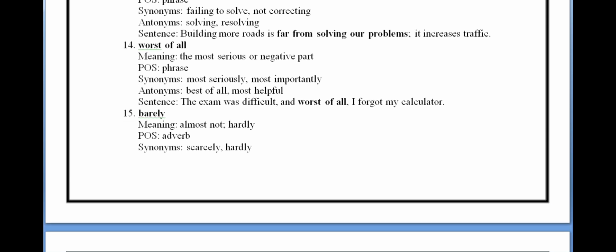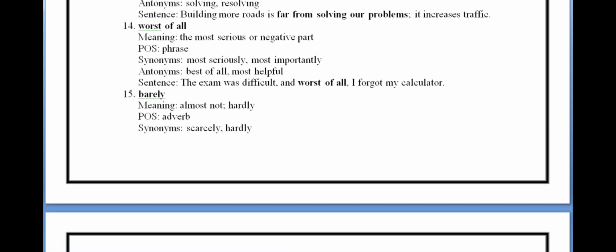Word 15 is barely. That means almost not or hardly. Hardly is a negative word. It is not the extension of the word hard. Many children just misinterpret the words hard and hardly. No, hardly is nothing. Hard is difficult. It is an adverb.